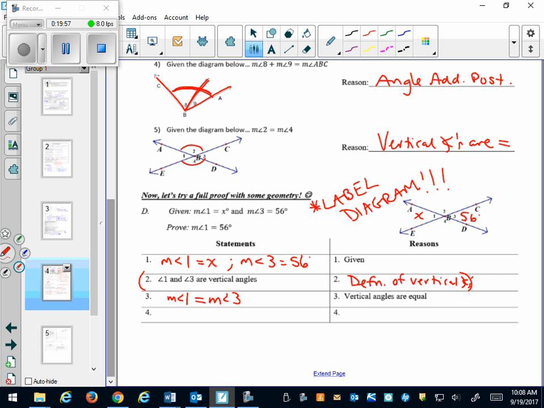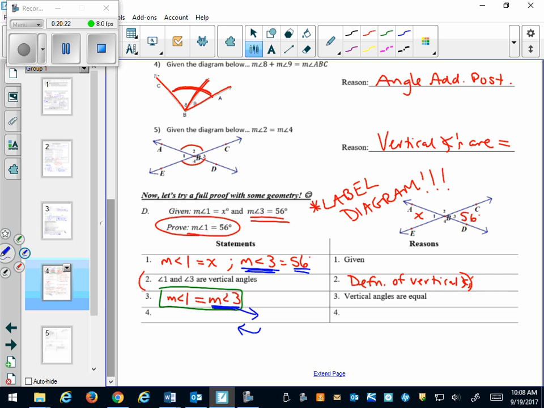Now we're trying to prove that measure of angle 1 equals 56. We know that the measure of angle 3 equals 56, so in this equation, we can kick out the measure of angle 3 and replace it with what we know is equal to it.